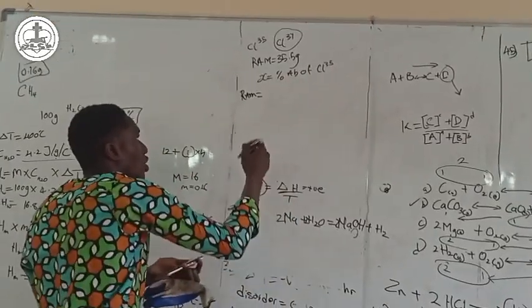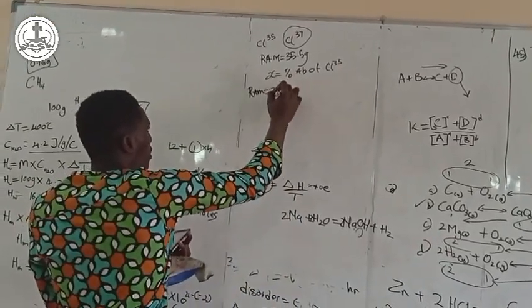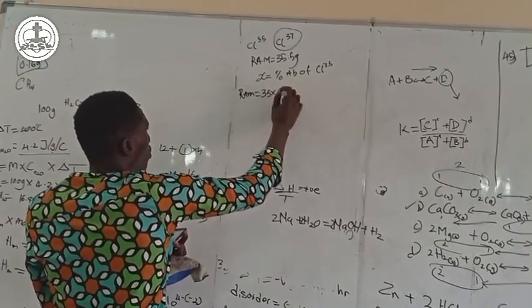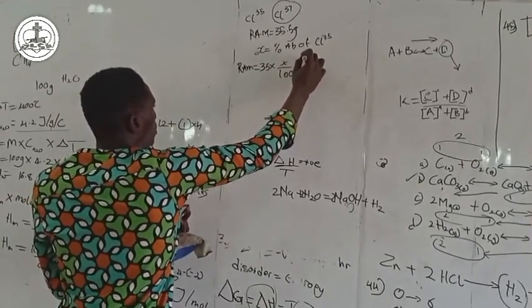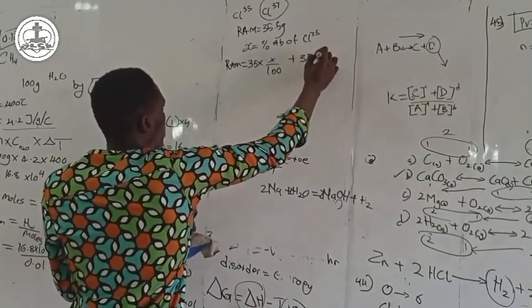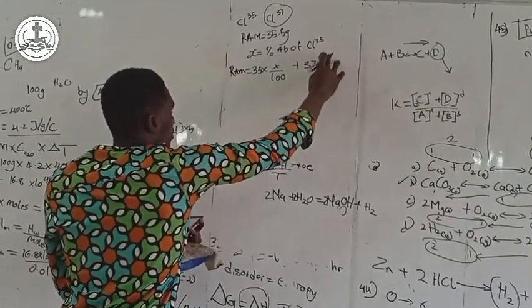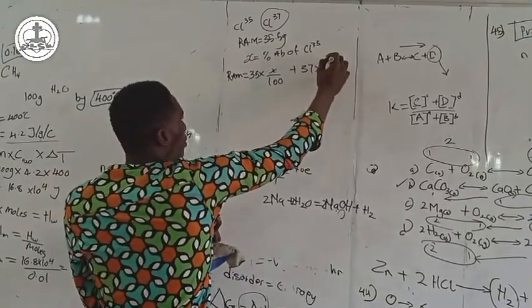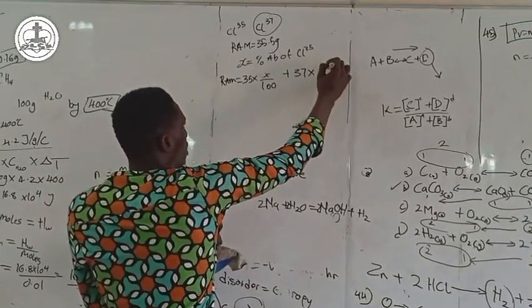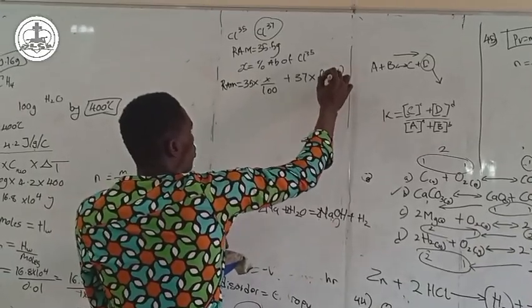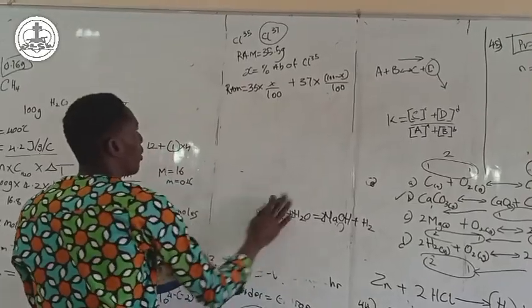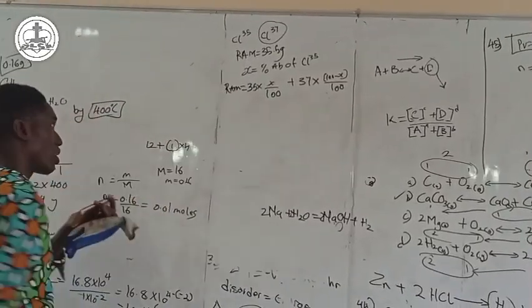So 35 times x over 100 plus 37 times (100 minus x) over 100. So that's how we get the RAM.